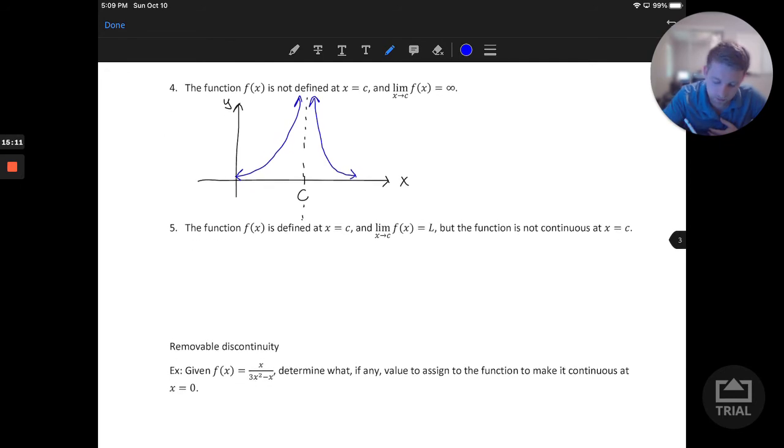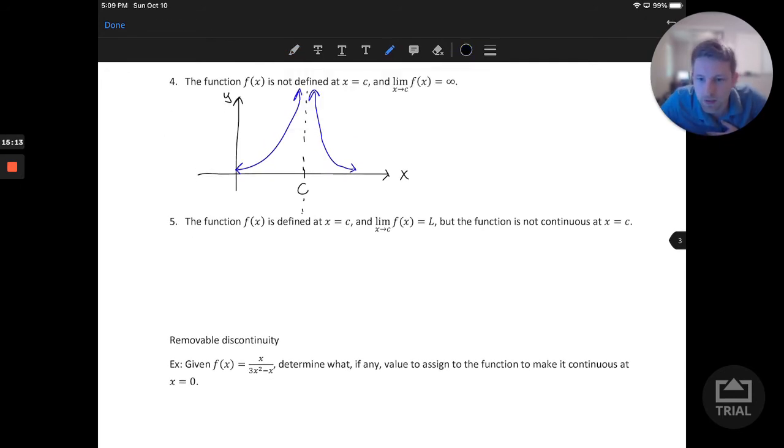Last but not least, let's take a look at one final example. Number 5 says that we have a function f of x defined at x equals c, and the limit as x goes to c is going to be L, but the function is not continuous at x equals c.